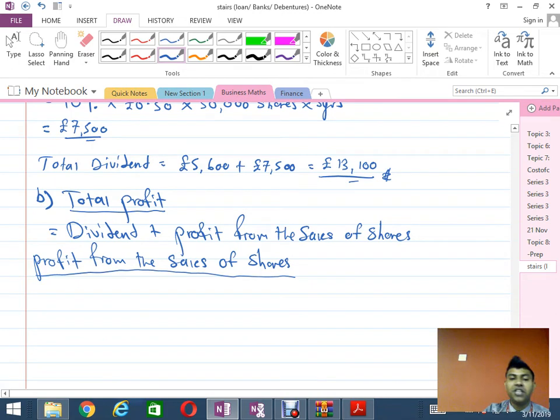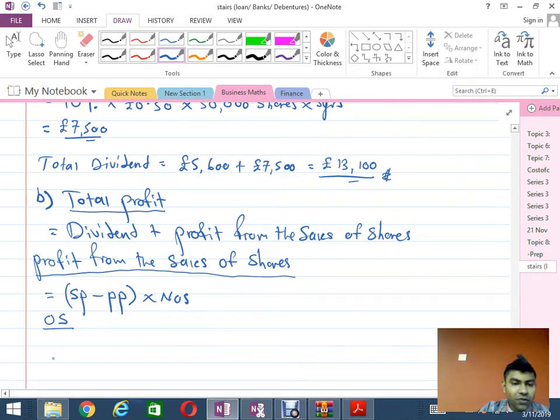Profit from the sales of shares, what's the formula? You take your selling price minus purchase price times number of shares. So that will give you the profit. You can do it one by one or in one shot, but let me do it one by one, easier.